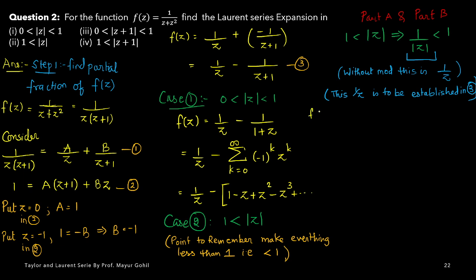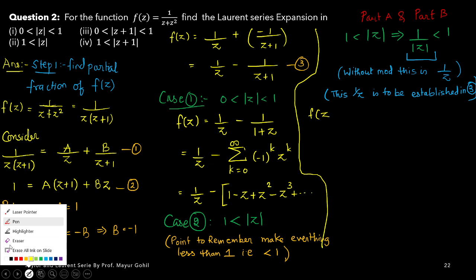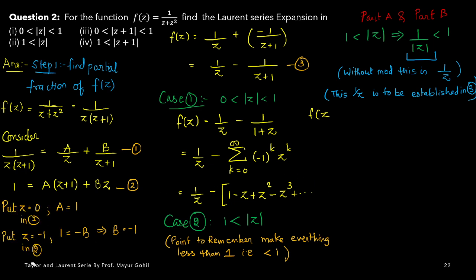F of z, I'm writing the answer. I'll just put a separator, otherwise you'll make a mistake. So f of z is equal to, now see, in the first part 1 upon z is already established, so I don't have to worry about it. But in the second part it is not there. So how will I get it?